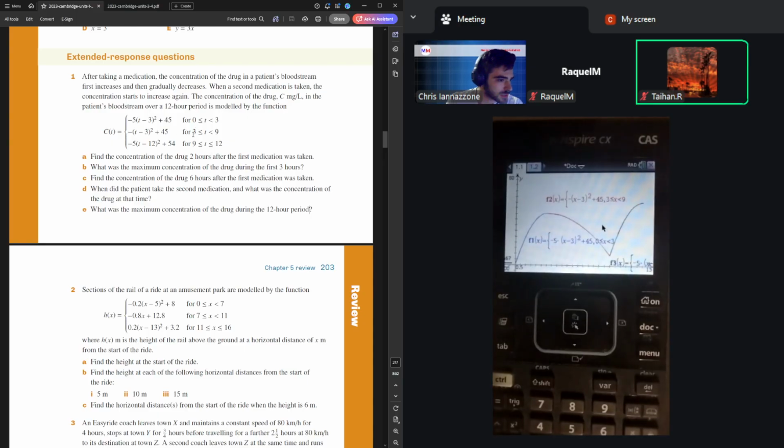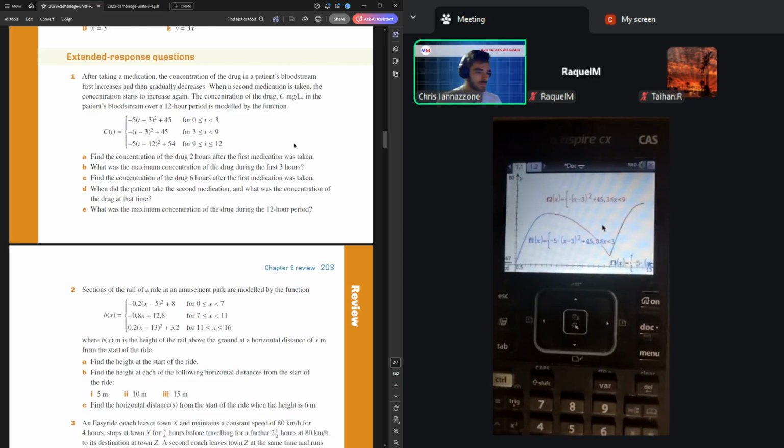But yes, 45 milligrams should be it during the first 3 hours. Next: find the concentration of the drug 6 hours after the first medication was taken. What are we going to do there? This one may or may not be tricky.